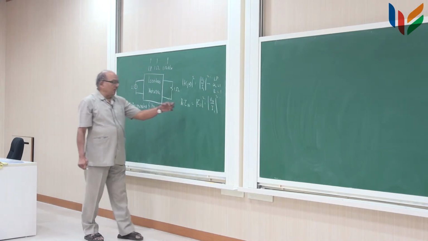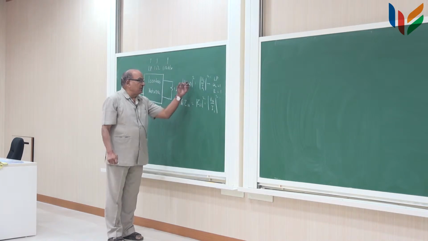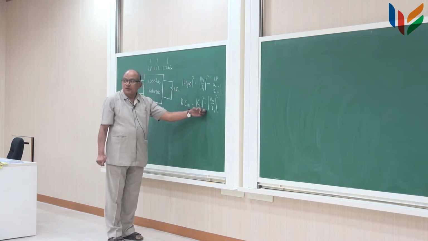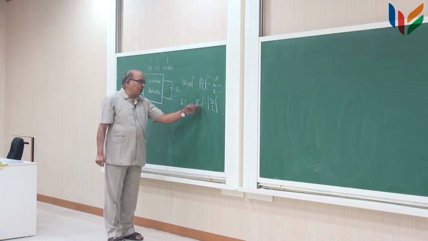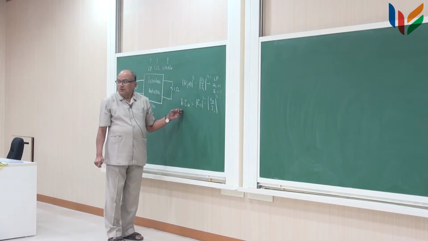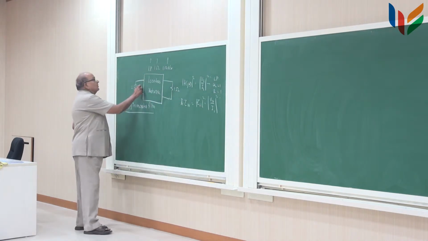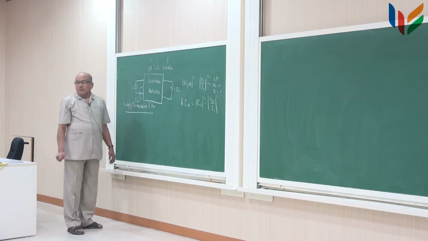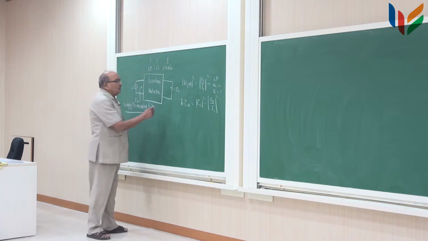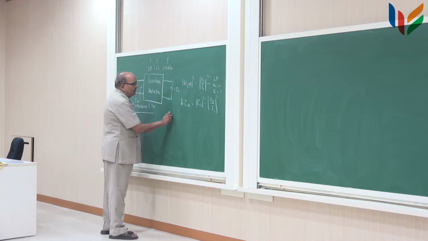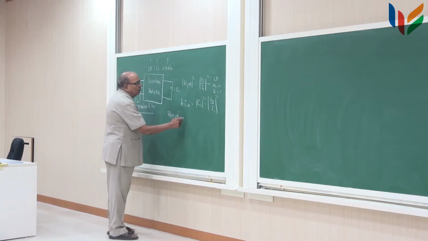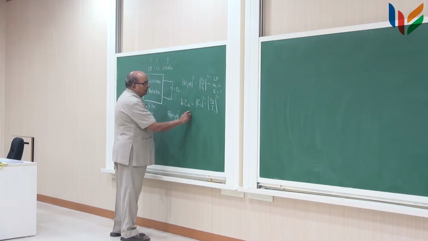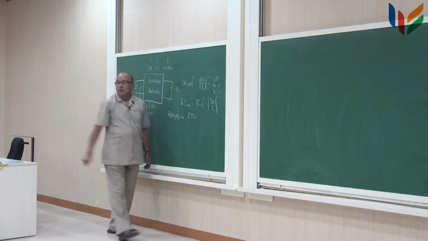And so this is the transfer function, |Hg(omega)| square for this particular requirement, and that we found out is equal to the real part of Zin, and Zin is the impedance measured at this port. And we found a method how to get from Zin or |Hg(omega)| square to Zs, right?